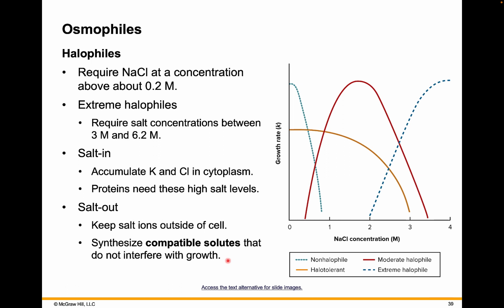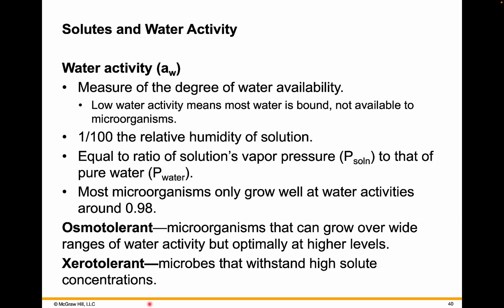These are different alcohols that are also present in some of the eukaryotes, and these are the compatible solutes. This is the salt out mechanism. These two processes, salt in and salt out, allow these halophiles to withstand these extreme conditions.